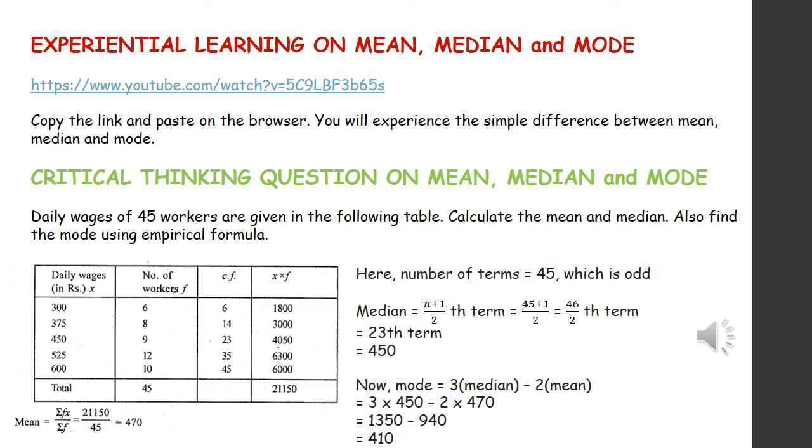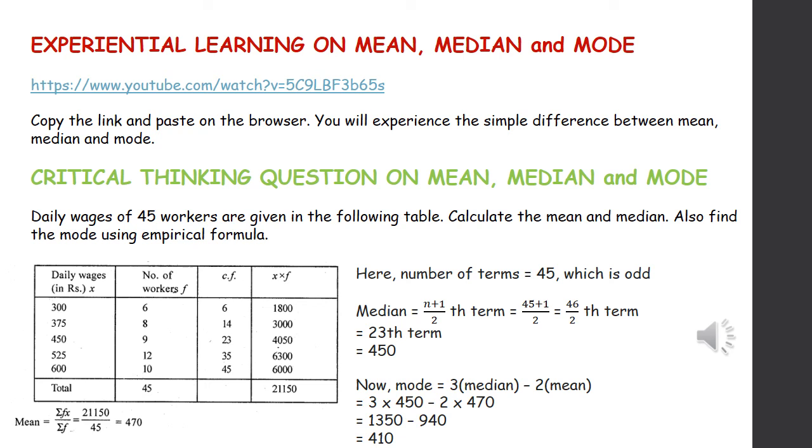So here n is equal to 45. So n is an odd number, so we find the median by the (n plus 1) by 2th term. So 46 by 2th term, the 23rd term, and that observation is 450. And the mean is calculated, as already taught in the last slide, by summation of fx by summation of f.